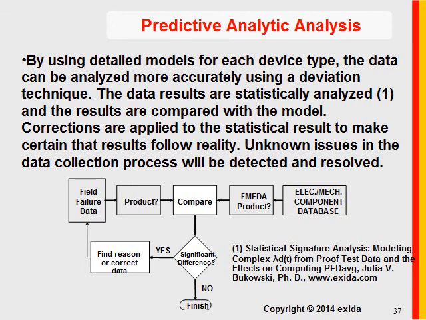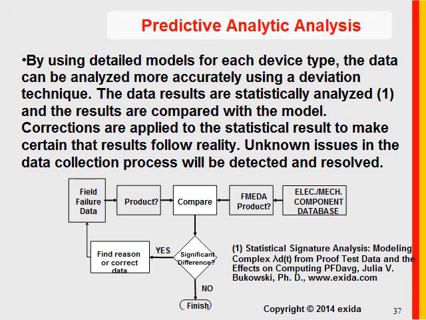We use detailed models of each device type, ranging from transmitters to valves, and we compare field failure data for a particular product with what we would expect that product to yield as a result of our failure mode effect and diagnostic analysis. So we have an estimated failure rate, we have an actual failure rate, and we compare the two. If there is a significant difference, then we want to understand why.